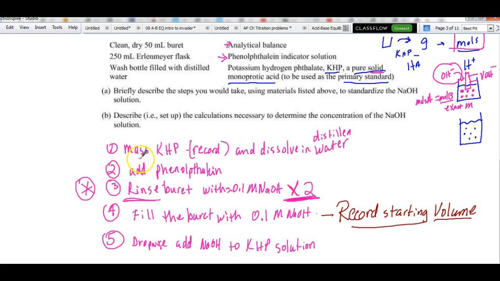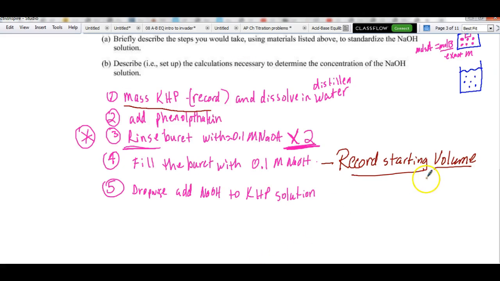Okay, so you've got to record your mass and record your starting volume of your NaOH. Then you're going to add dropwise until the solution turns light pink.